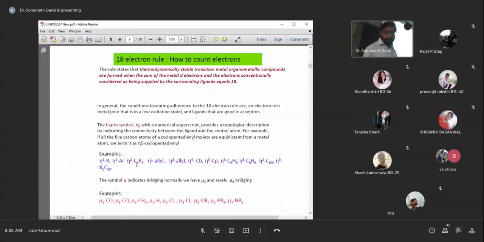For example, if the 5 carbon atoms of a cyclopentadienyl, so what is cyclopentadienyl? Cp is nothing but the cyclopentadienyl ligand, right? What does it mean? Can anyone draw quickly in your notebook and show me how a cyclopentadienyl ligand looks?